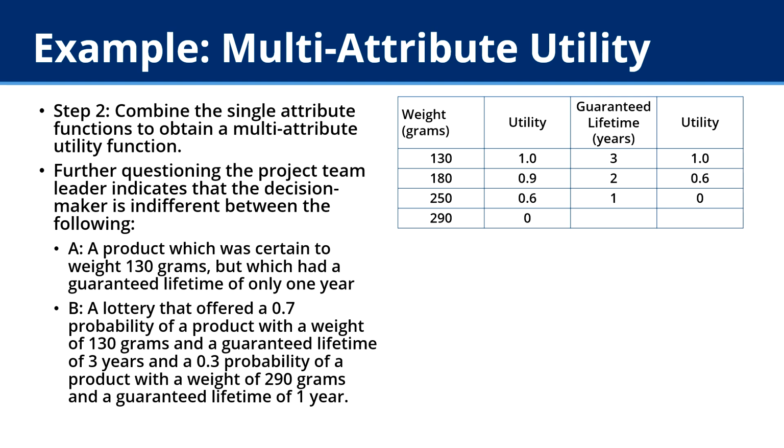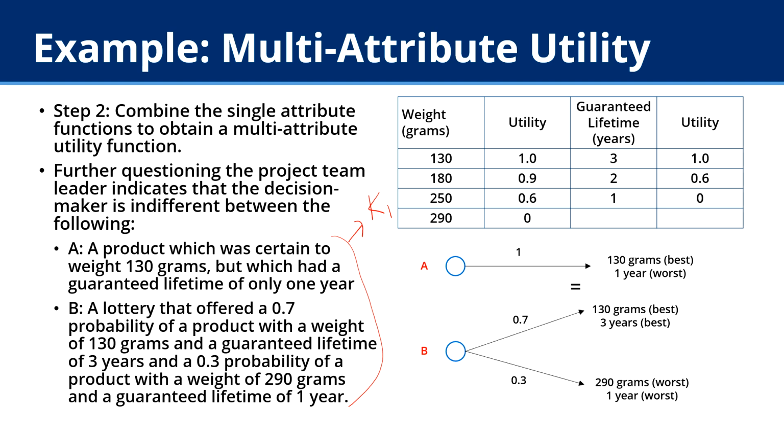All right, so you're going to see where this is going. Based on what's offered here, these 2 options are really aimed at getting the value of K1, the coefficient for the first attribute. Okay? So if we draw out the probability trees here, option A looks like this, right? There's a 100% probability you're going to get the best of attribute 1 and the worst of attribute 2.